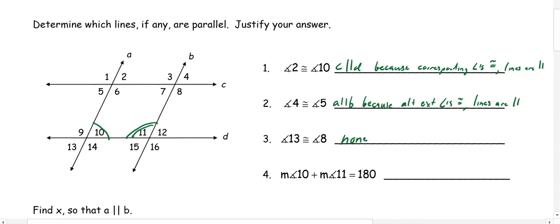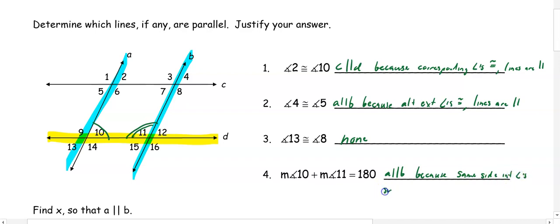So D is going to be our transversal and A and B are our parallel lines. So here we would say A is parallel to B because same side interior angles are supplementary, so lines are parallel.